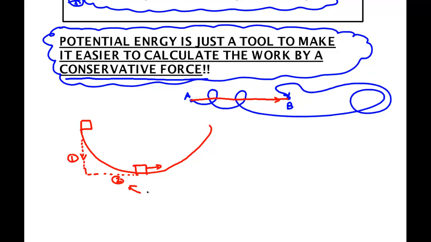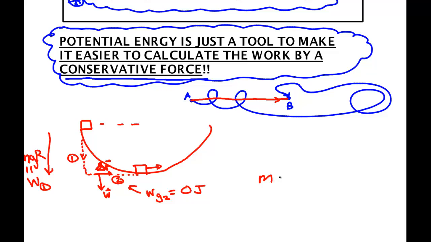But the work by gravity on the horizontal part is 0, because the force is like this and the displacement's like that, perpendicular. Here, since this is a radius of a bowl, this distance is r, and the weight is mg, so that's equal to the work.